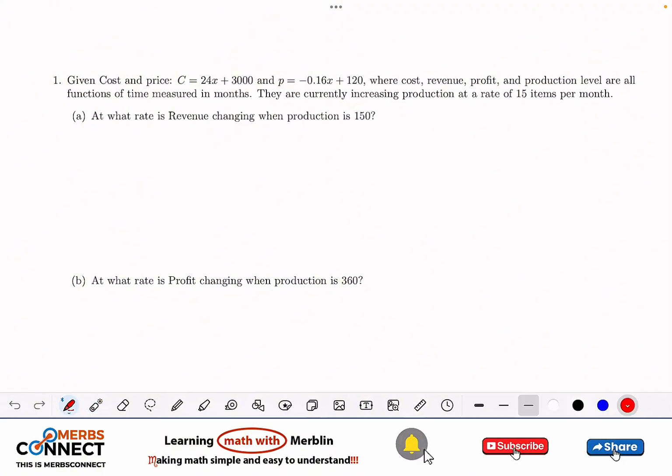There are some things that I want to show you. When we are reading related rate questions, you can hear the word rate, and mostly if we go with time, then I represent rate as d over dt. You can hear something like increasing.